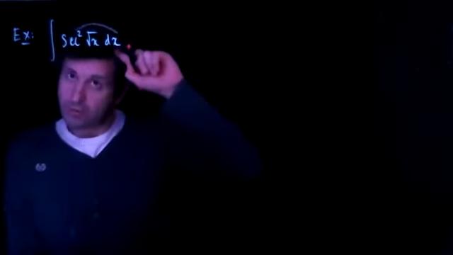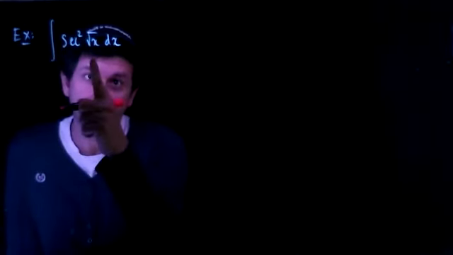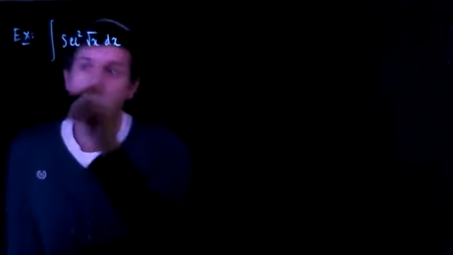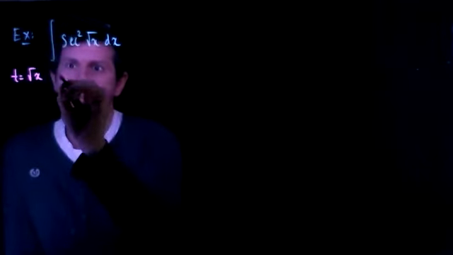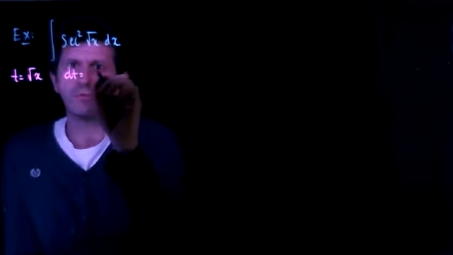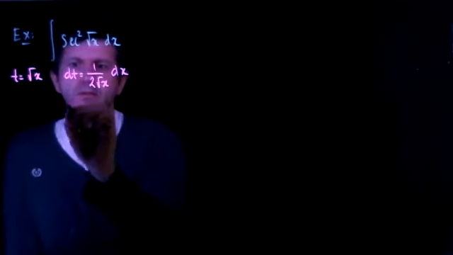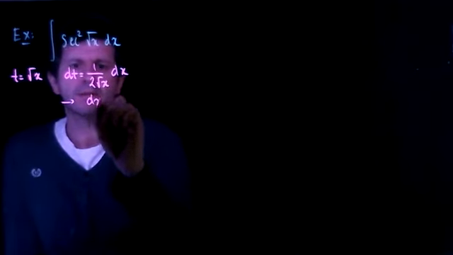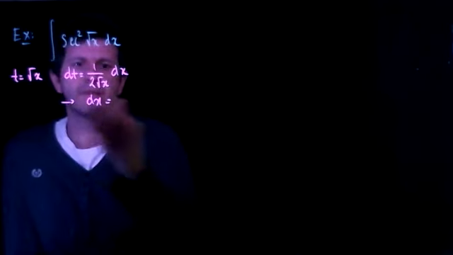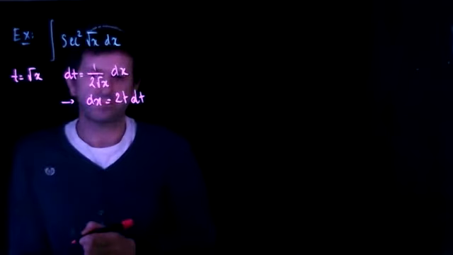Okay, so my first step is I'm going to substitute root x, I'm going to call it t, so t is root x, which means that dt, just like before, is 1 over 2 root x dx, and therefore dx is 2 root x dt, so 2t dt. Okay, just like we did 2 minutes ago.